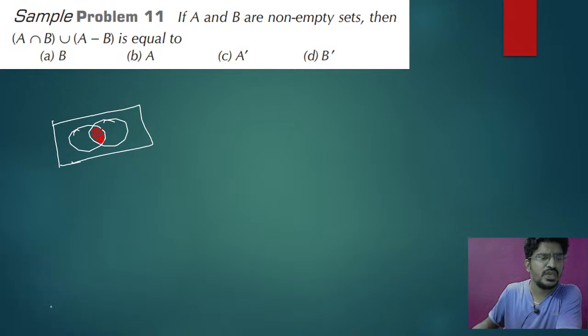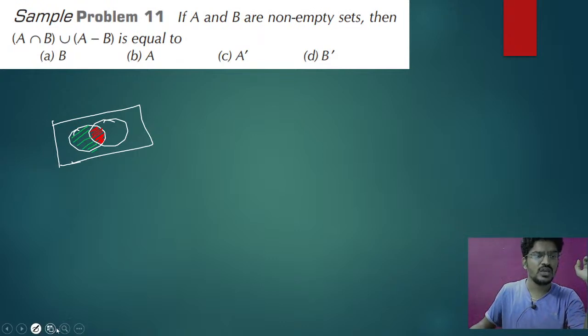Our A minus B is this particular area. This is A minus B, which is in A but not in B. And the red area is A intersection B. The green area is A minus B. If I make a union of this, what are you going to get?